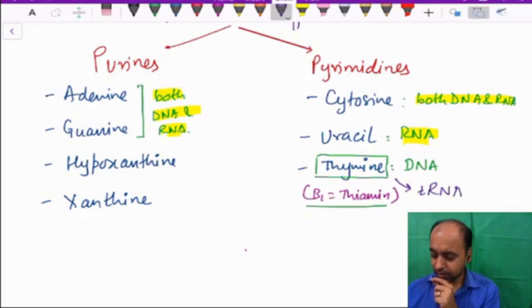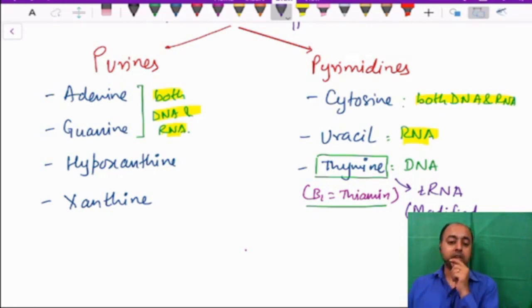However, there the thymine is a modified nucleotide. We'll talk about this when we are talking about the tRNA.